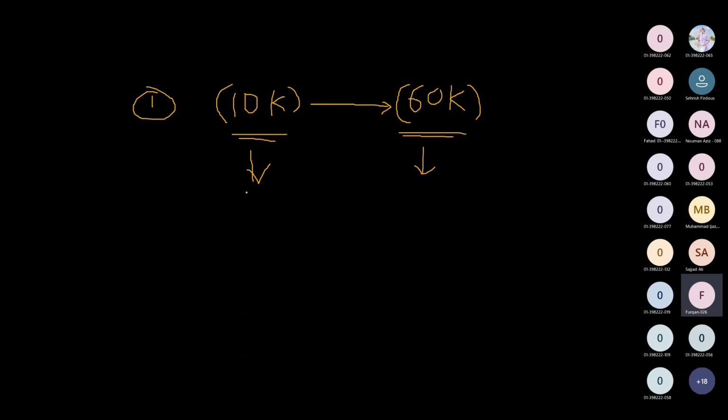Then I'll see what to do next. If we subtract the investment from the PV, we get the return. So that would be your NPV. Let's say here NPV comes to be 2,000 and here NPV comes to be, let's say, 10,000.